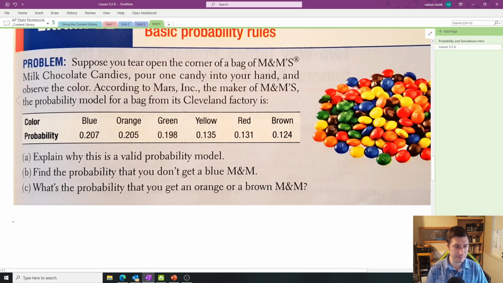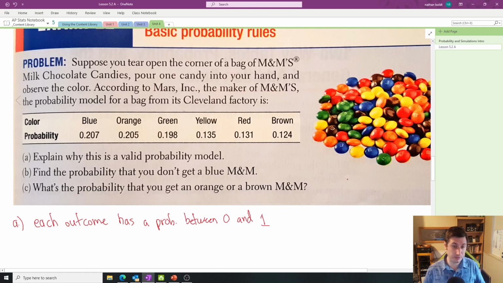All right, so what do they mean there? Is it valid? So first, each outcome has a probability between 0 and 1. You can't have a probability greater than 1. Nothing can happen more than 100% of the time.